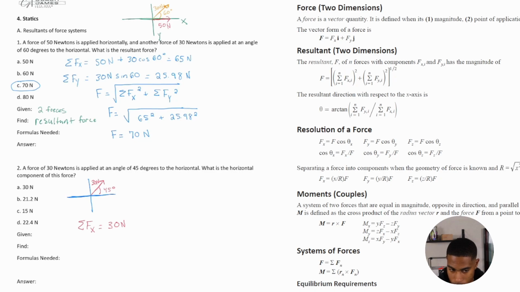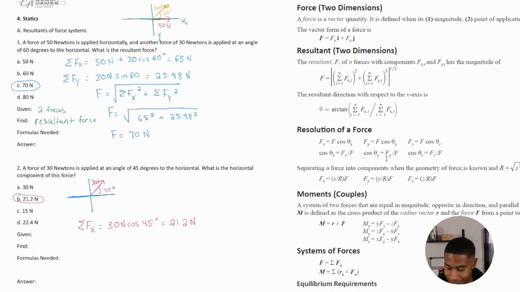And then cosine of the angle, which is 45 degrees. All right, and once I do that, I get roughly 21.2 newtons. And so my answer is going to be B.